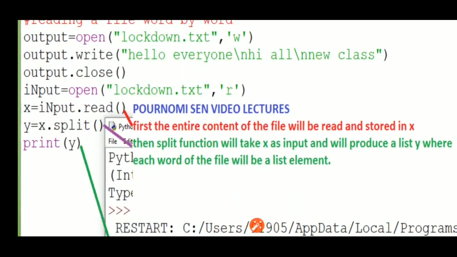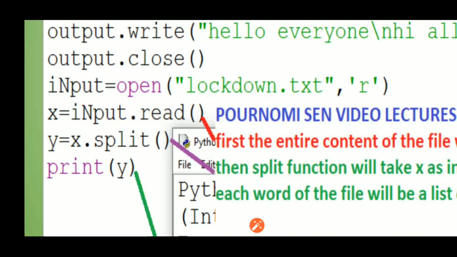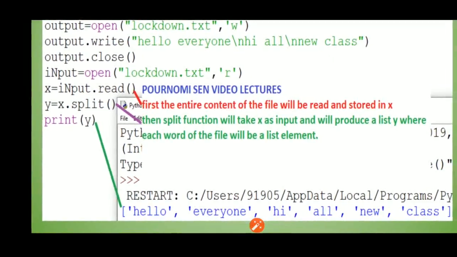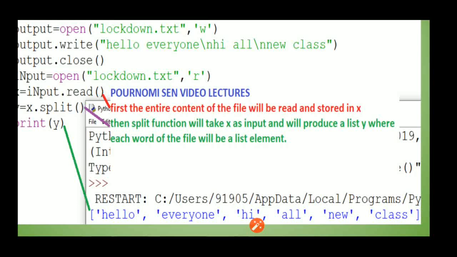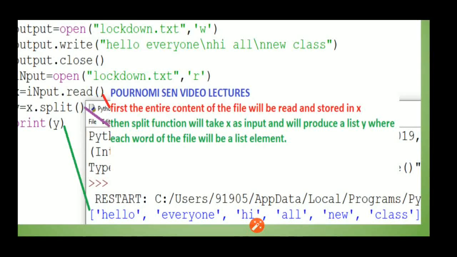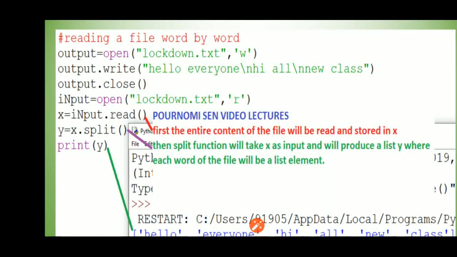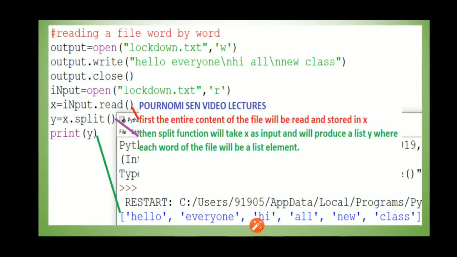In this case, as you can see, we have not provided any parameter inside the round bracket, so it is taking blank space by default and producing a list where each element is a word. So the output is hello, everyone, hi, all, new, class. This is how it is being stored inside y. So what the split function does is take the input, the entire content of the file, and produce a list where each element is a word of the file.